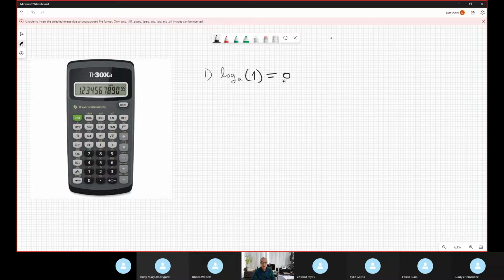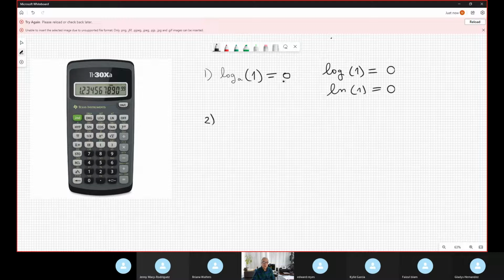The base is 10, remember, the two standard logarithms that we have. By default, when you don't specify the base, you suppose it is 10, and that is 0, and the natural log is also 0. I want to illustrate in the calculator now.